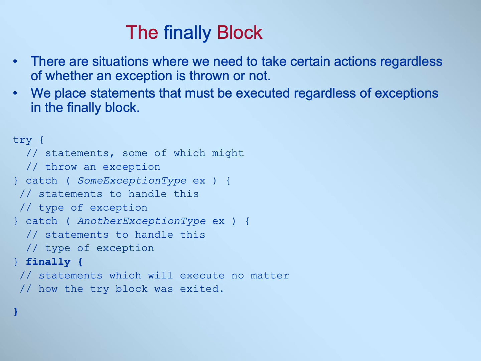So over here we have our try, and then we have our statements, some of which might throw an exception, and then we have our catch block for some exception type, and another catch block for another exception type, and then we have our finally block, which holds the statements that will execute no matter how the try block was exited.